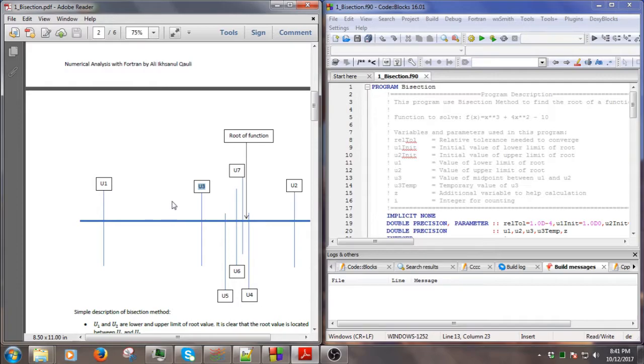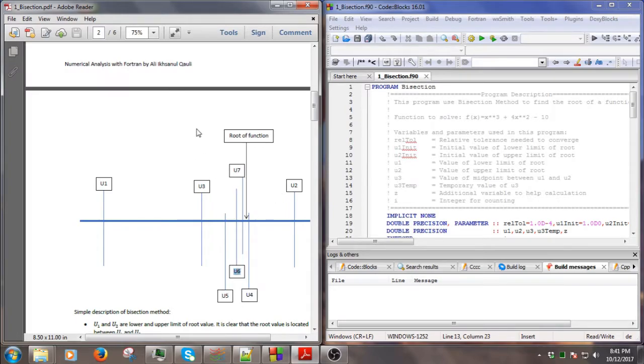So after finding the region, which is on the right side here, we split the region into half again and we get u4, and after that we found that the left side of u4 will be the next region to calculate, and then we find u5 and then u6 and then u7 and so on.